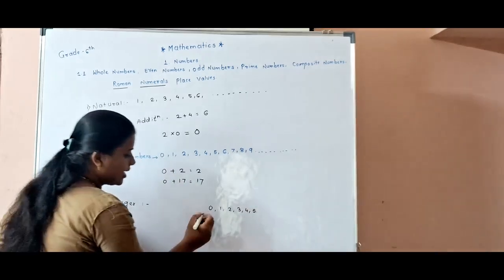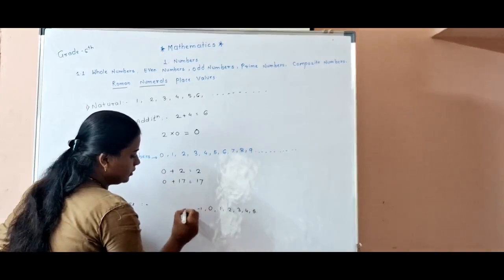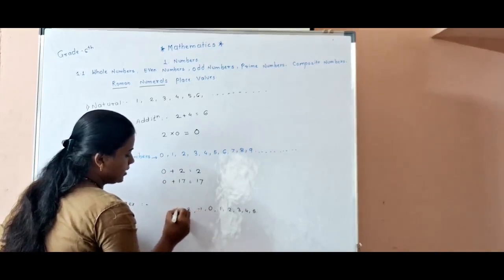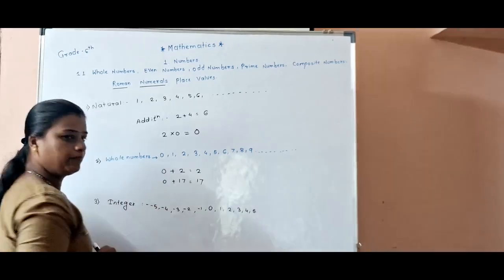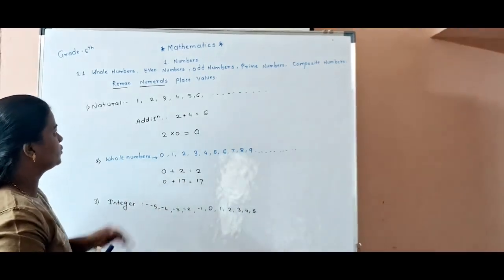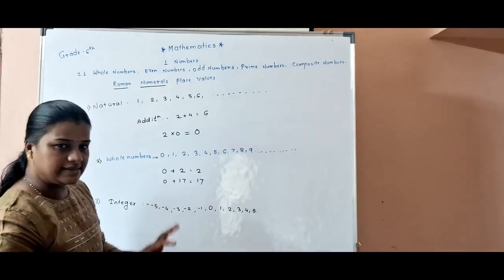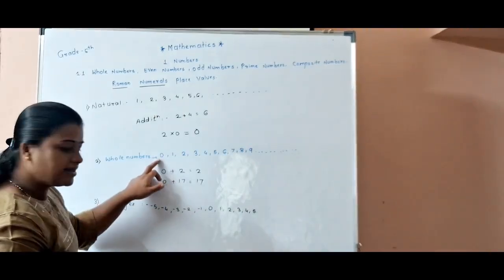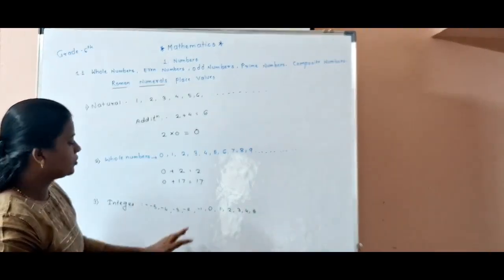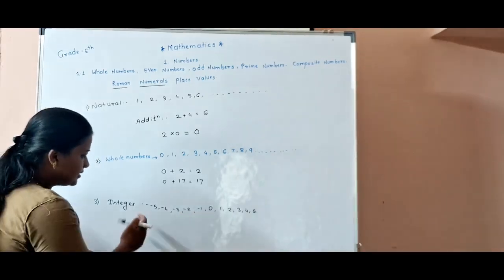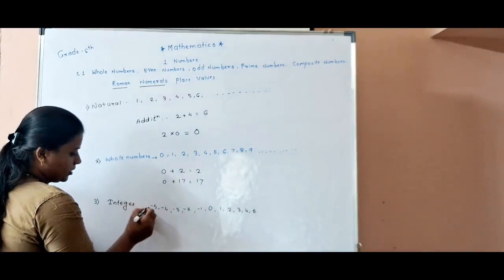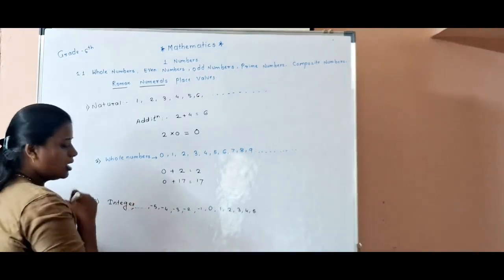Here it will be -1, -2, -3, -4, -5. First it was only 1, 2, 3, 4, 5, 6, then we added 0, and now we are adding -1, -2, and this side also it will go on.